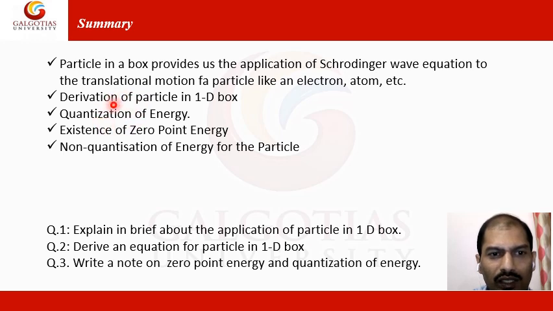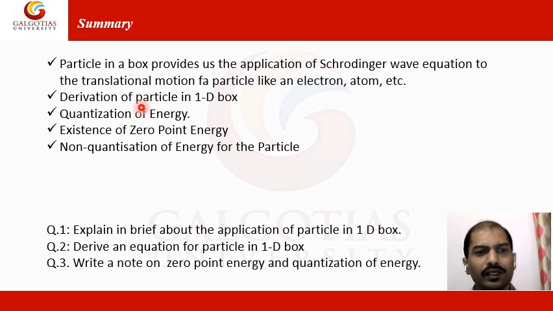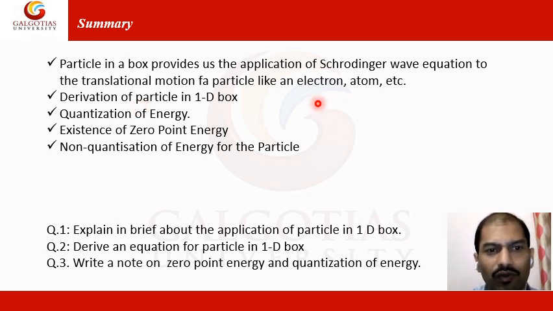And quantization of energy, we also saw how the energy is in a quantized form, going from the quantum level n equal to 1, n equal to 2, n equal to 3, n equal to 4.